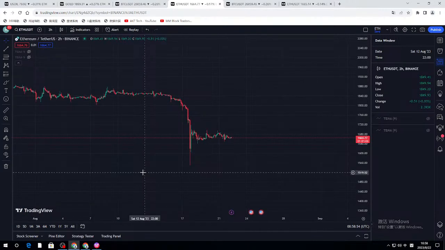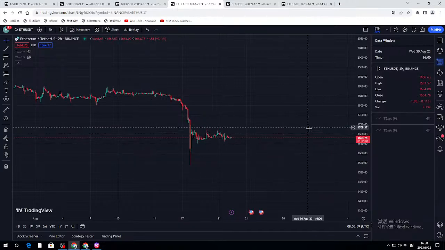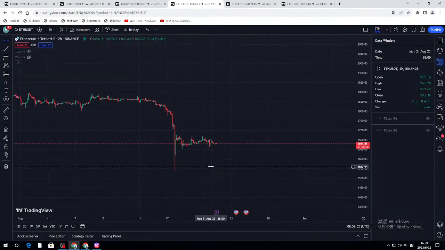The next important Fibonacci support is still sitting around 1.5k to 1.6k in the more bearish scenario.